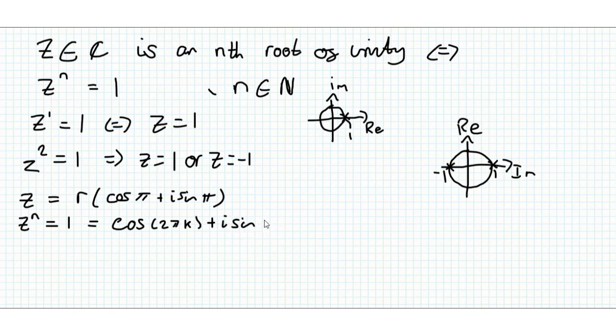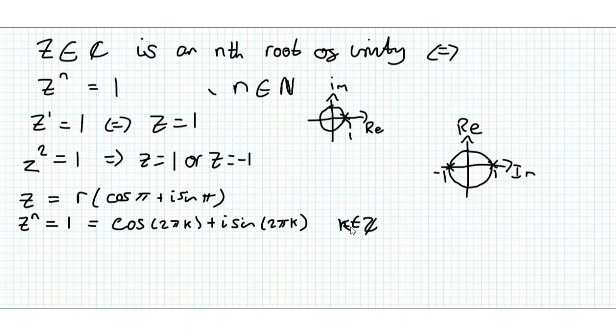And this is because, and again, k is an integer here, cos 2 pi k for integers k is 1, and sine 2 pi k is 0, so it's clearly equal to 1.